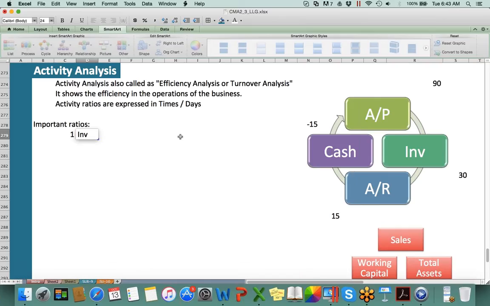One, inventory turnover ratio. Two, inventory turnover days. Accounts receivable turnover ratio.